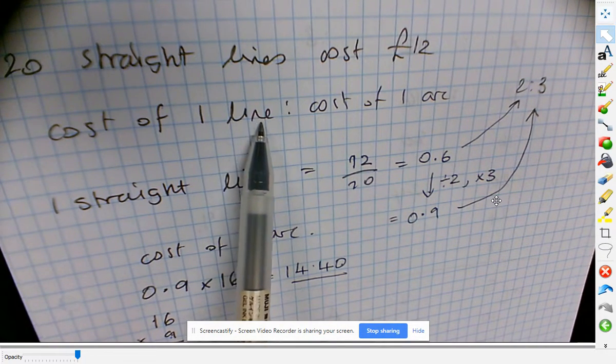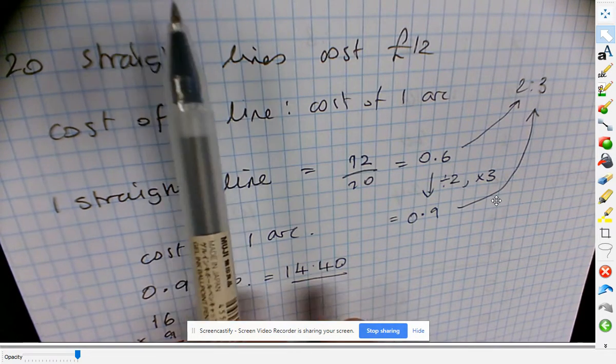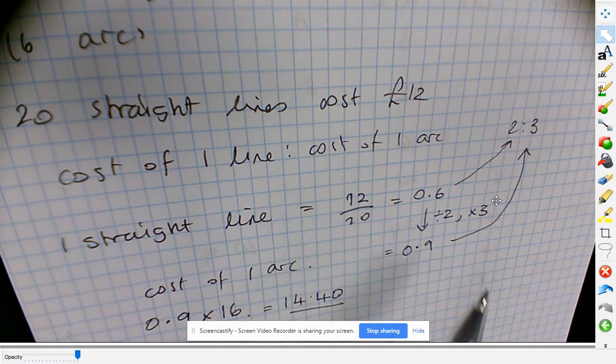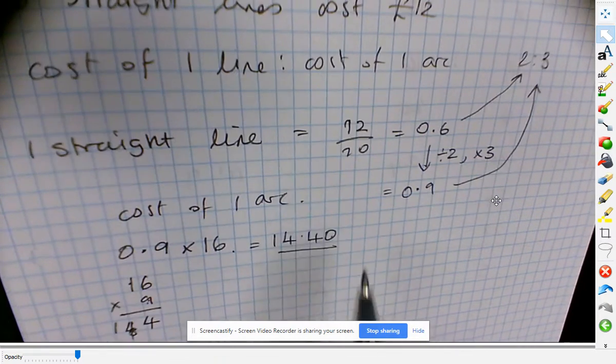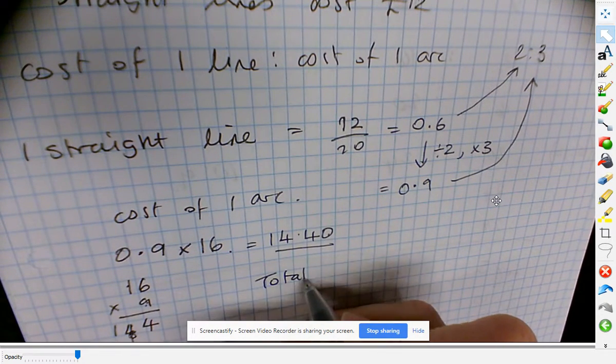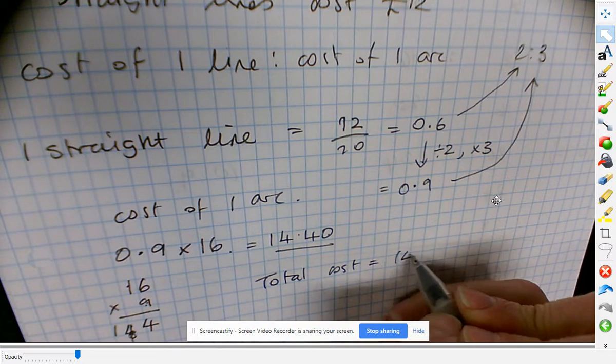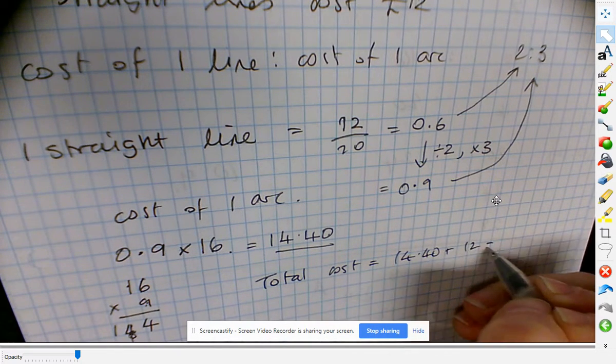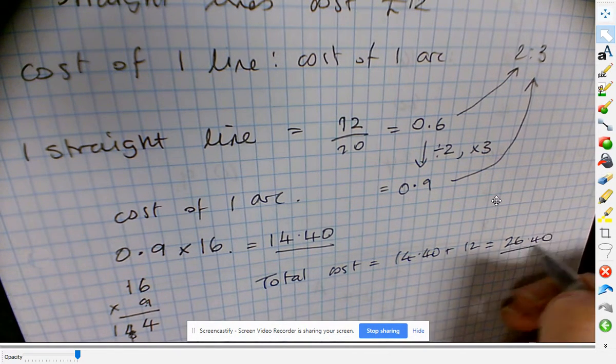So it does make sense that even though there's fewer arcs, it might be a little bit more expensive. Okay? So then the total cost is £14.40 add 12, which is £26.40.